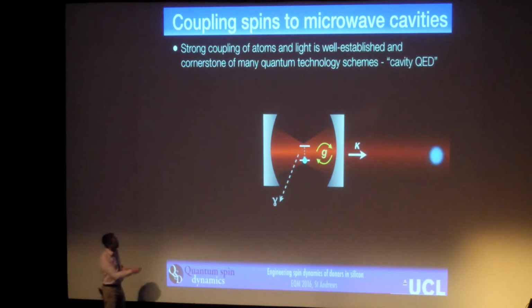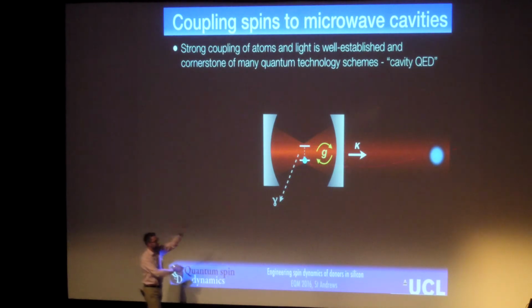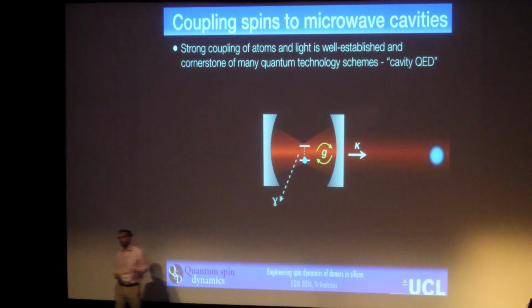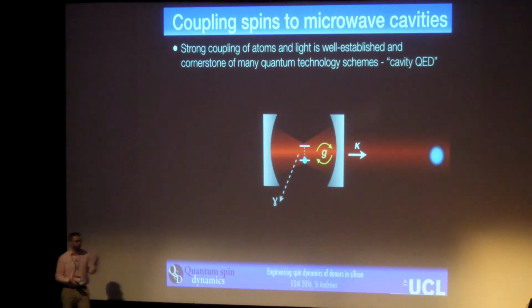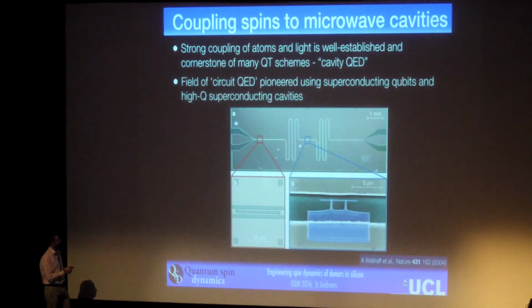But another interesting regime, in the limit of high cooperativity, where the emission rate from this cavity is much larger than gamma, allows us to take an excited spin state and deterministically emit a photon from the cavity, which is related to the phase of the state. So those are two types of strong coupling in this system.